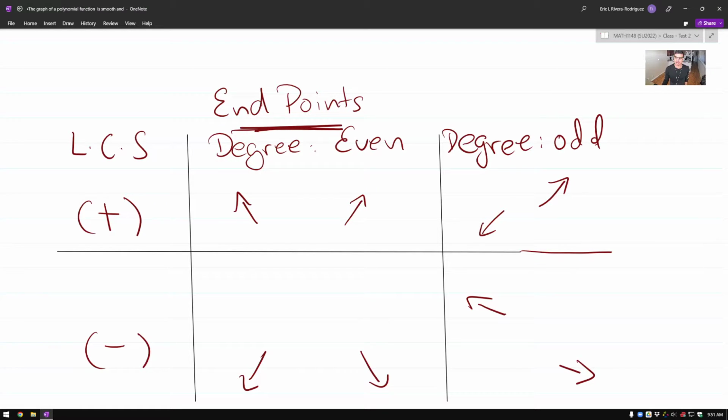When the degree is even, we are going to have a parabola shape. Something is missing here because we are not going to know what's happening in the middle just by the degree and the leading coefficient. But we know that if the degree is even, the endpoints of the polynomial function will both go up if the leading coefficient is positive, or both go down if the leading coefficient is negative.